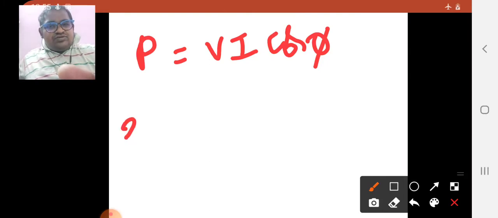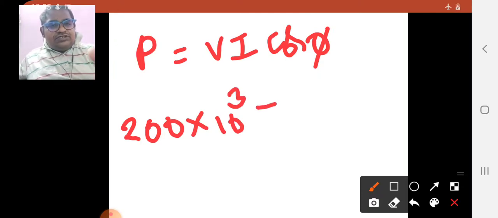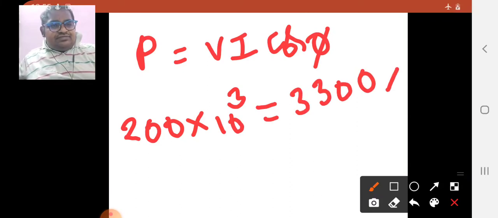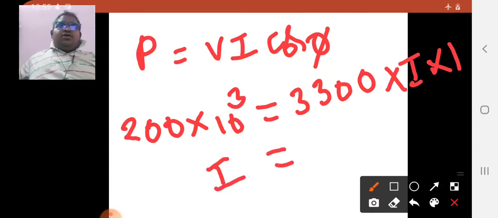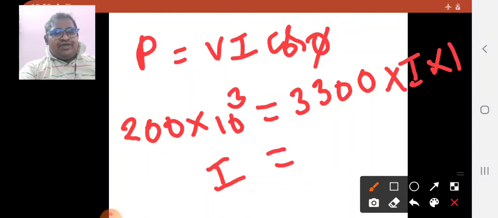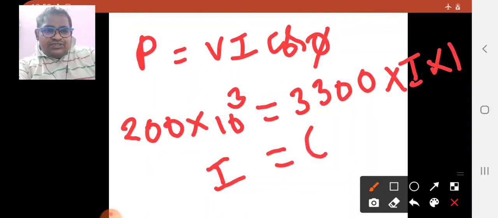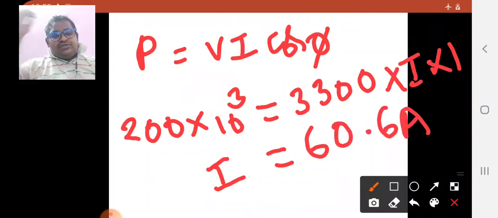So 200 into 10 cube is equal to 3300 into I into 1. If you solve that, you will get the value of I as approximately 60.6 amperes.